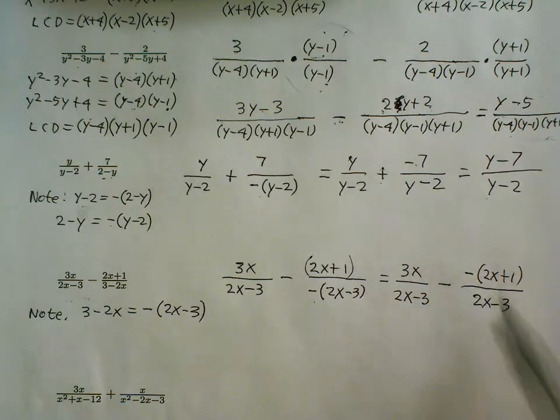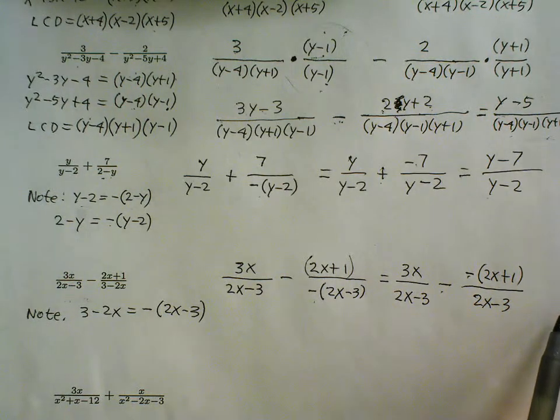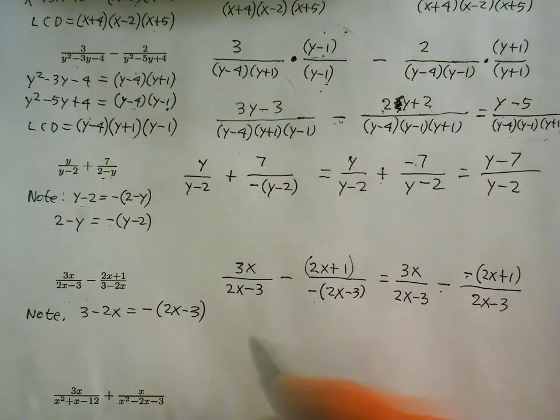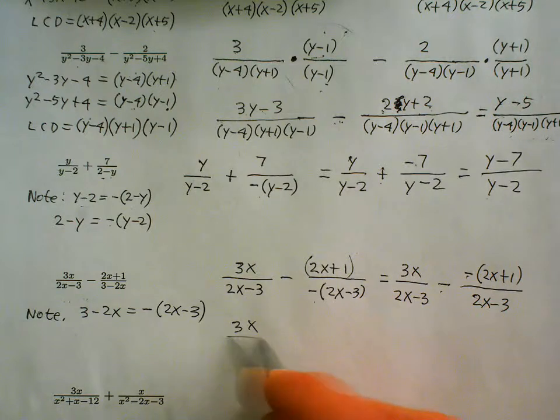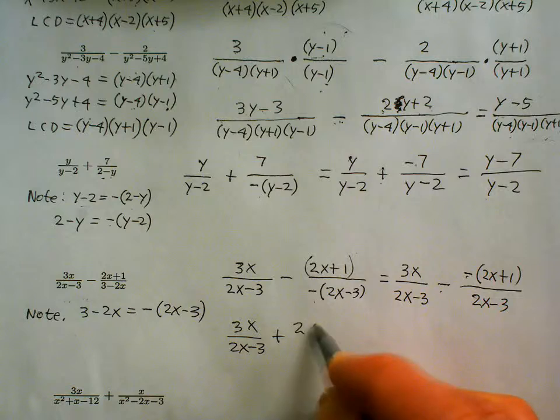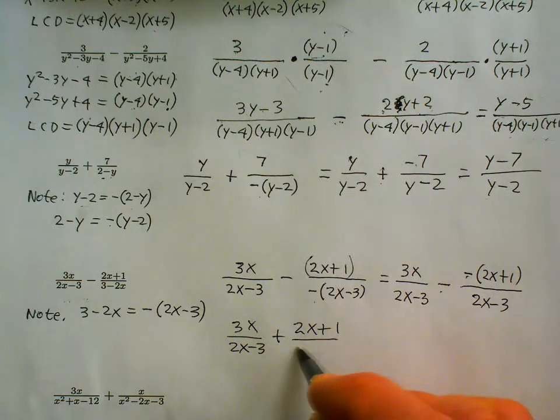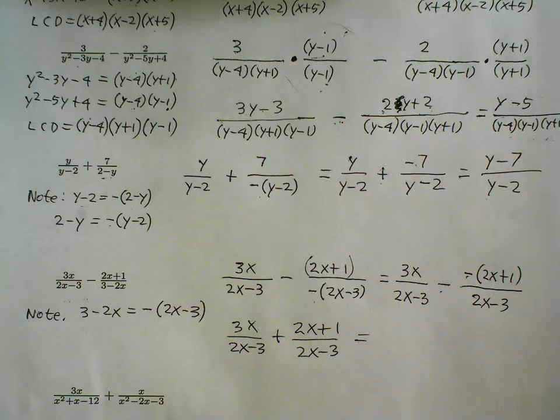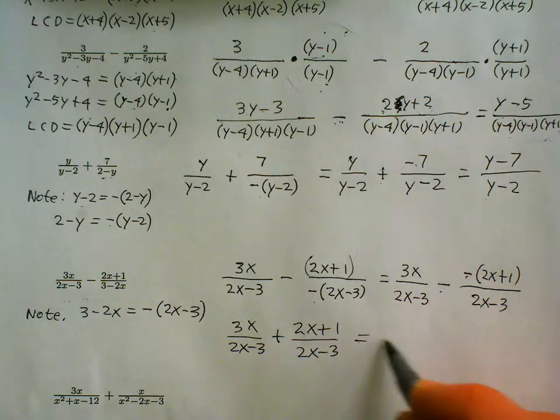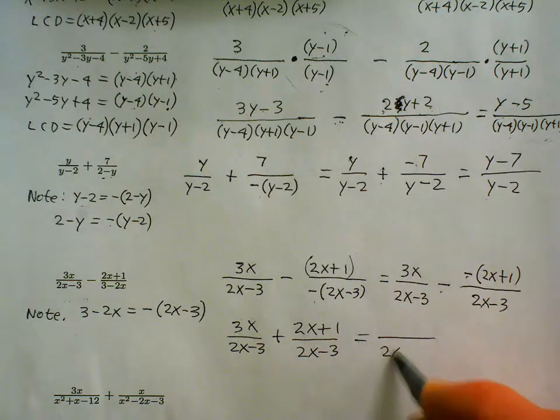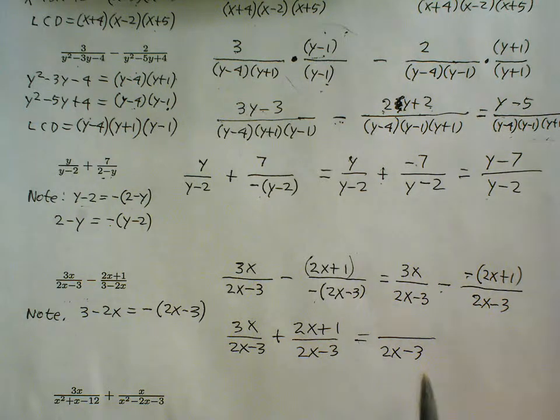Okay, so when we subtract a negative, that's equivalent to adding a positive. So this will simplify to 3x over 2x minus 3 plus 2x plus 1 over 2x minus 3. Okay, with the common denominator, we have 2x minus 3 for the denominator, and then 3x plus 2x is 5x, and then plus 1.